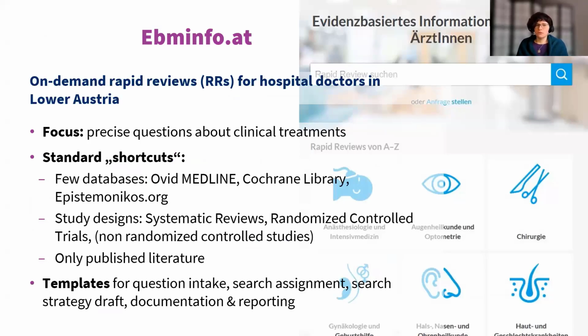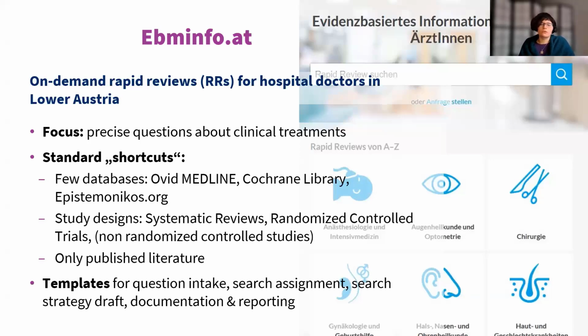And generally, we receive focused questions about clinical treatments. So we have designed standard search approaches that are appropriate for these kinds of questions. We have a set of 3 databases, which we usually search: Ovid Medline, the Cochrane Library, and Epistemonikos, to find systematic reviews and randomized controlled trials.